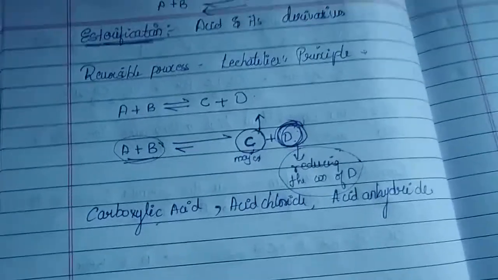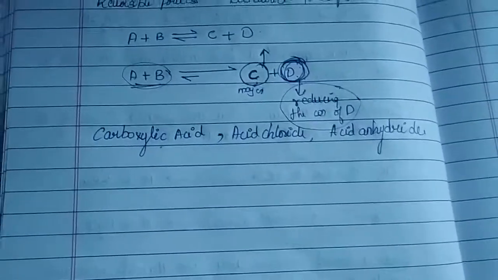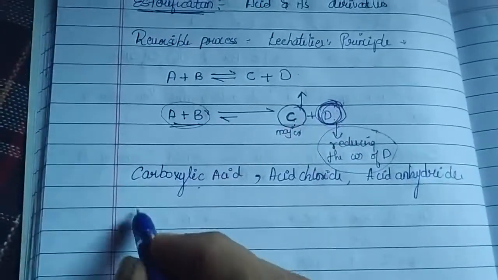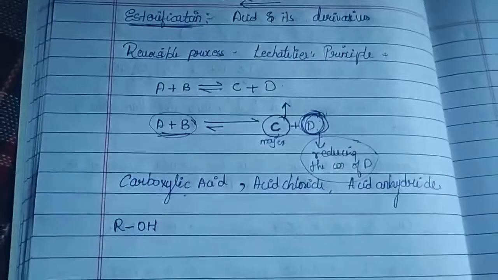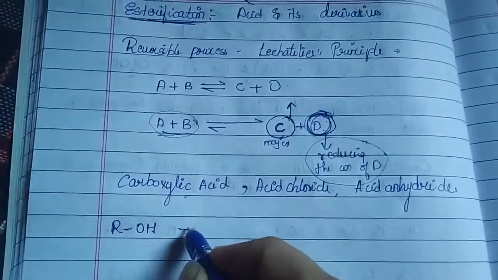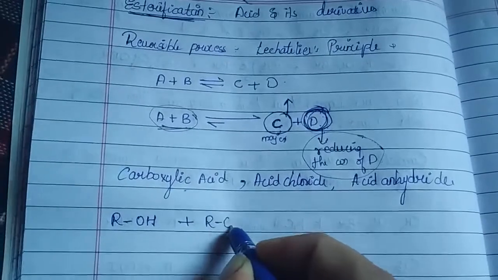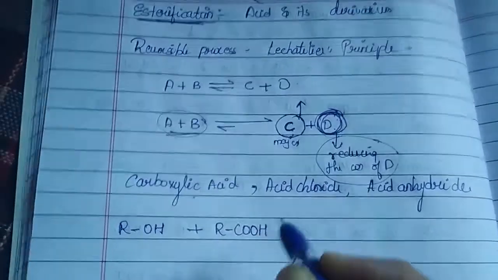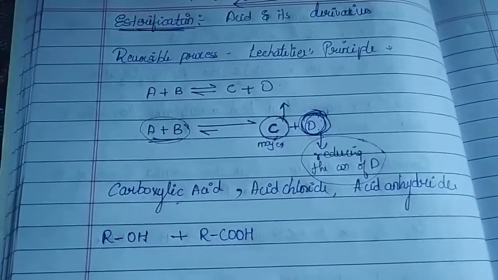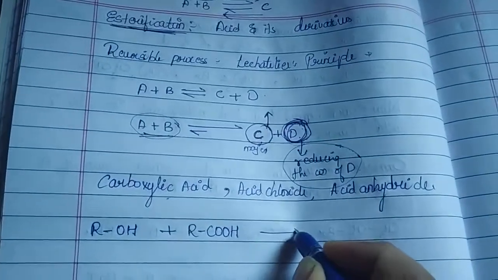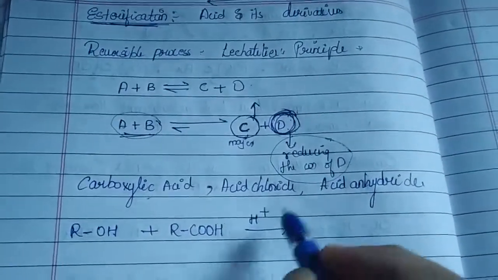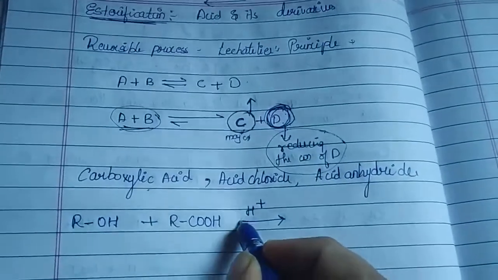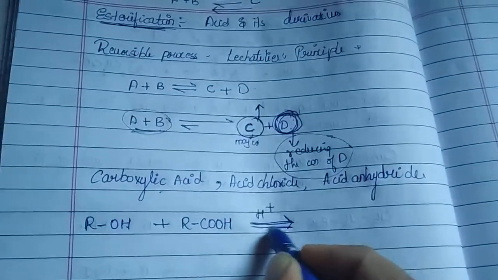Okay, so first let us start with the carboxylic acid. What does it say? Whenever an alcohol is treated with a carboxylic acid, remember, in the presence of concentrated sulfuric acid, this is very important, and do remember this reaction is in equilibrium.